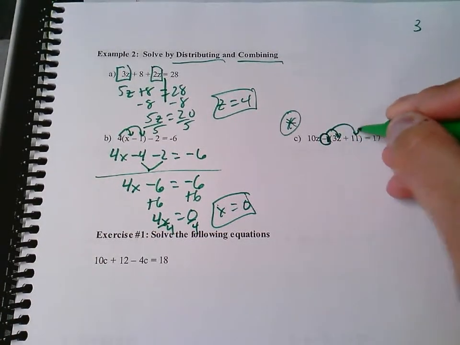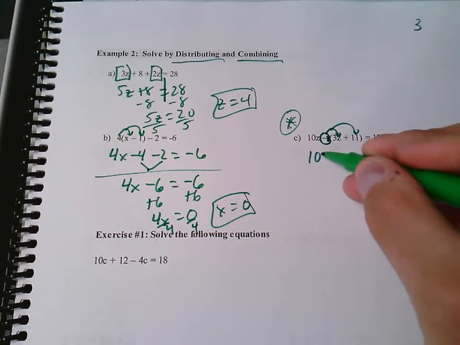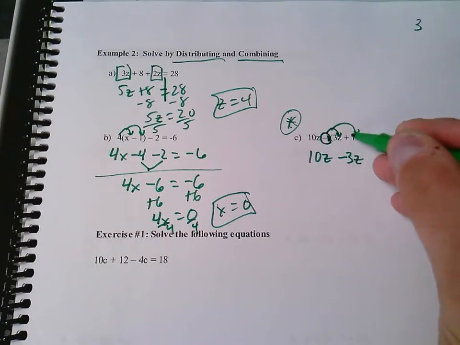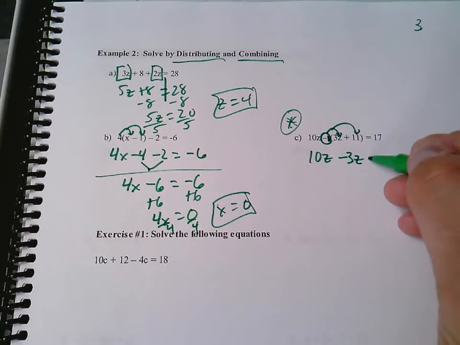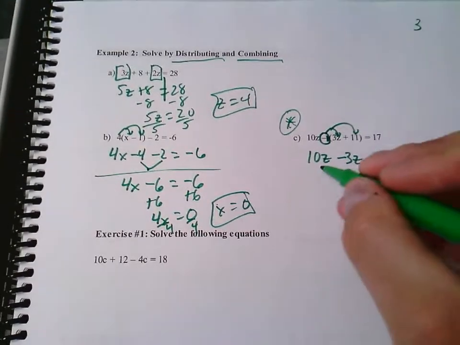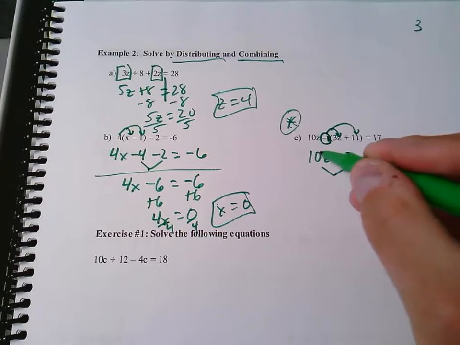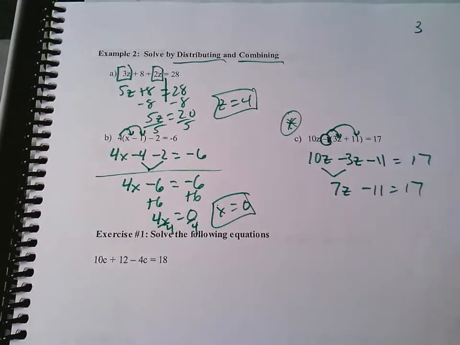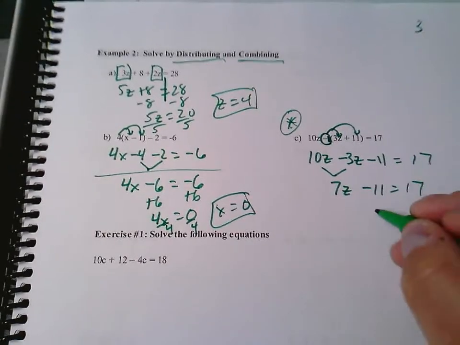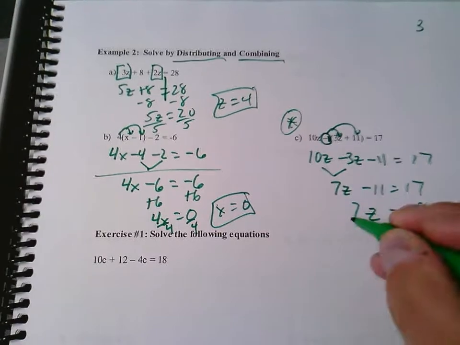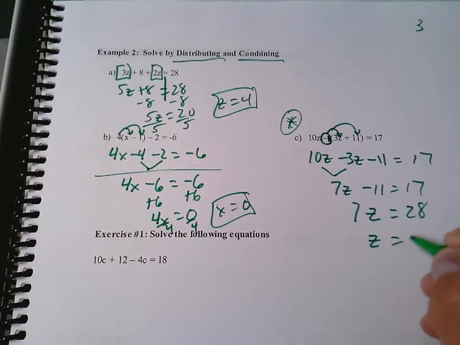And when you distribute a negative, you get 10z, here you get minus 3z, and a negative. So you're subtracting a positive 11. Becomes -11 equals 17. All right, and then from here we combine. You have your z's together. 10z minus 3z is 7z. Minus 11 equals 17. Okay, if I add 11 to both sides, 7z would equal 28. Divide both sides by 7, I get z is equal to 4.